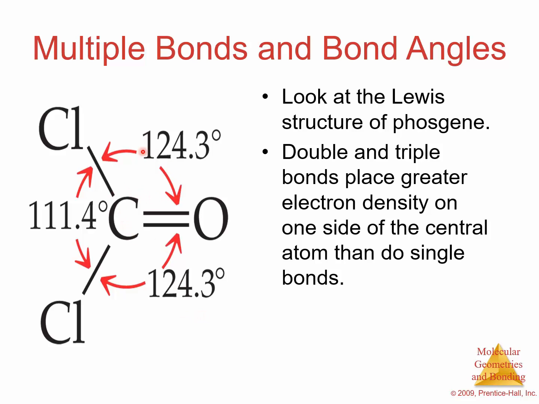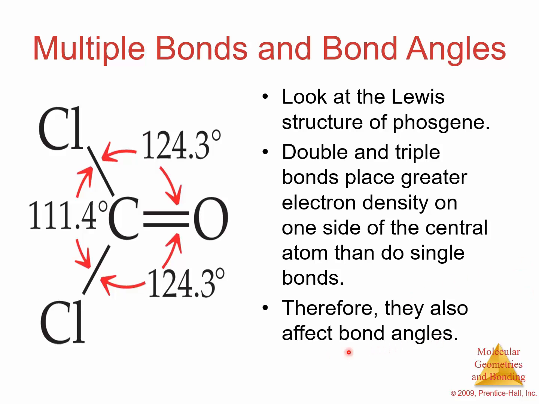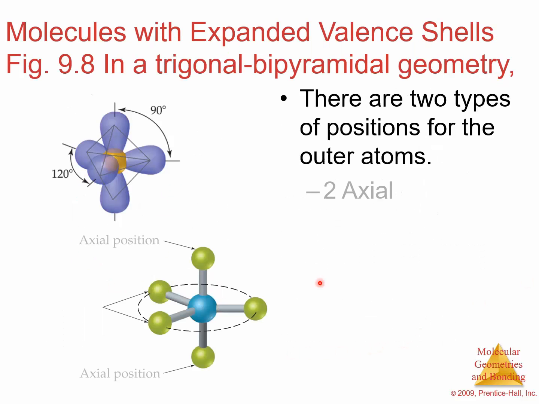And here you see this bond angle increases, and also this increases, and this one decreases from the typical 120 of trigonal planar geometry. Okay, therefore they also affect bond angles.